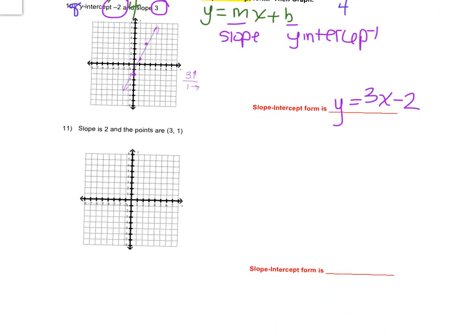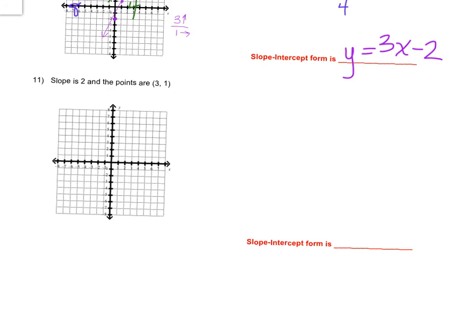Number 11 asks me also for an equation in y equals mx plus b. And they do give me the slope, so I know that the equation is going to be y equals, slope is 2, 2x, but I don't know what b is. What am I given in the question? A point and the slope.